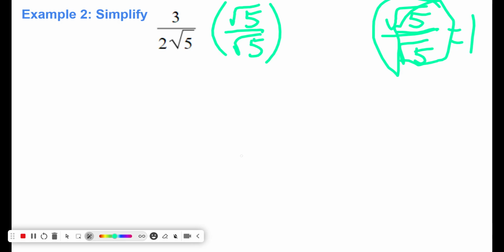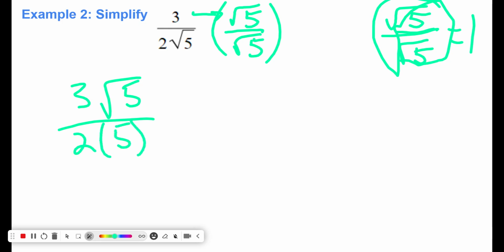And we're going to multiply straight across because that's what we do with fractions. We're going to be left with 3 root 5 on top. On the bottom, let's think about this. It's going to be 2 times 5. We know that because the square root of 5 times the square root of 5, we do outside by outside and inside by inside when we multiply radicals.